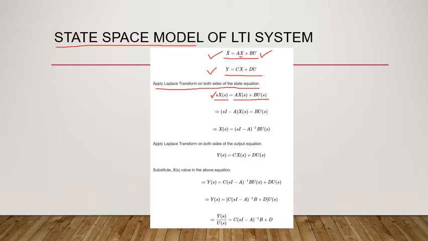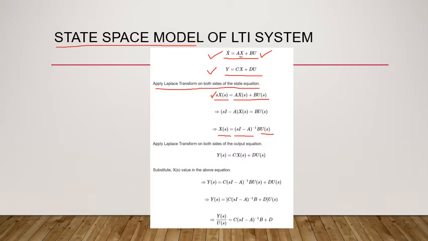Here A and B are constant matrices and X and U contain the variations. Now, upon solving these equations, we represent X(s) in terms of U(s), and we finally get X(s) is equal to (sI minus A) inverse B U(s).